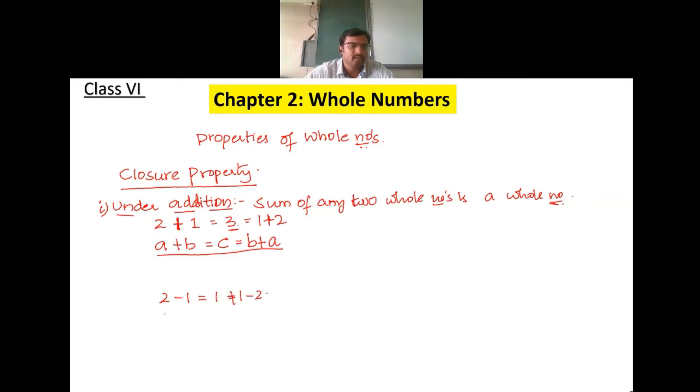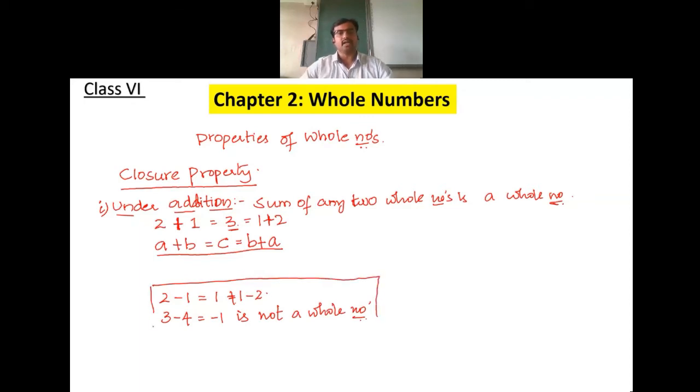And also, 3 minus 4 gives minus 1, which is not a whole number. So the closure property is not true in the case of subtraction, because every time we are not going to get a whole number.